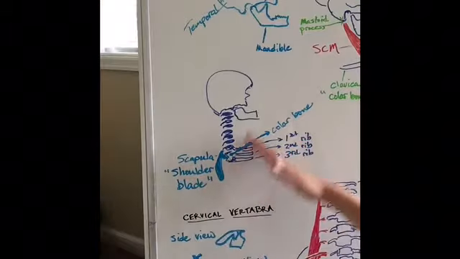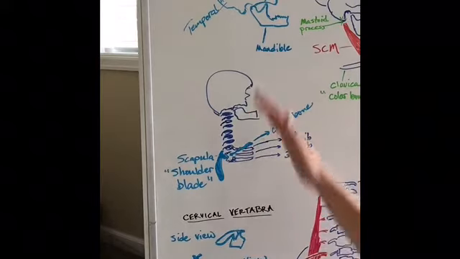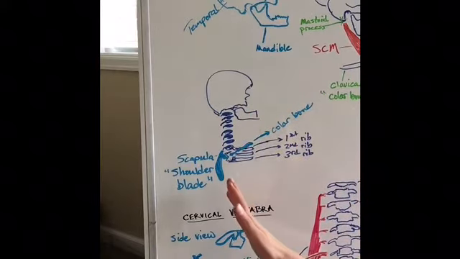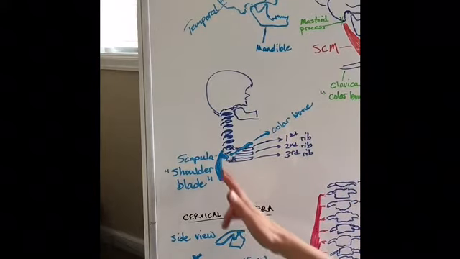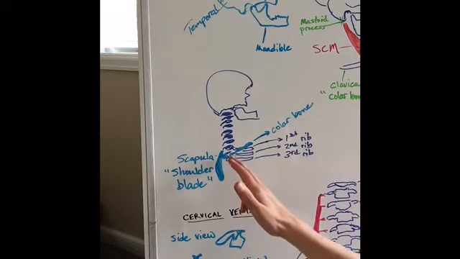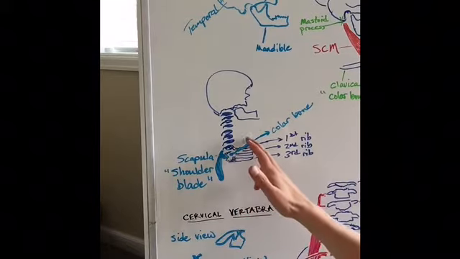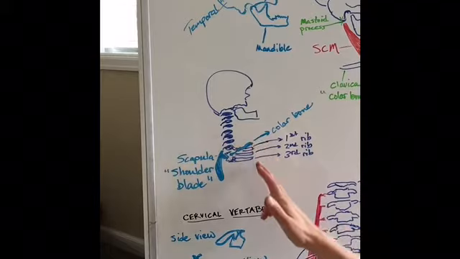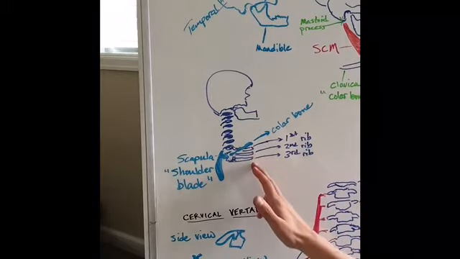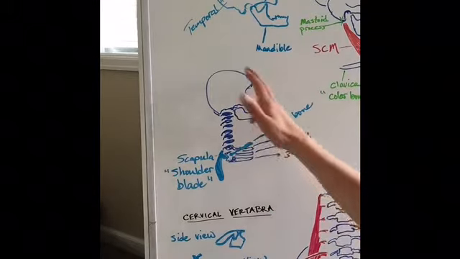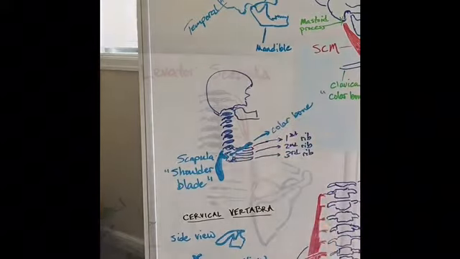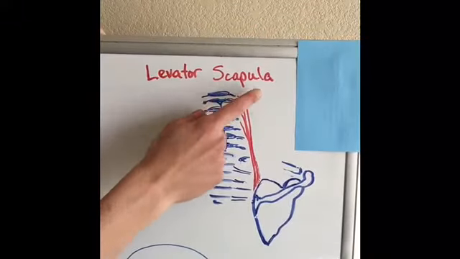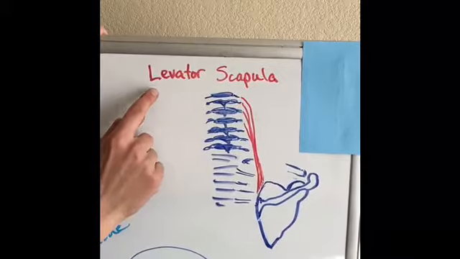Again, here's a side profile of your bones, just so you can see where your scapula, or your shoulder blade, comes down and attaches to your collarbone that wraps around to the front, and then these are some of your ribs, your cervical vertebrae, and your head. This is your levator scapula. I remember it like an elevator.